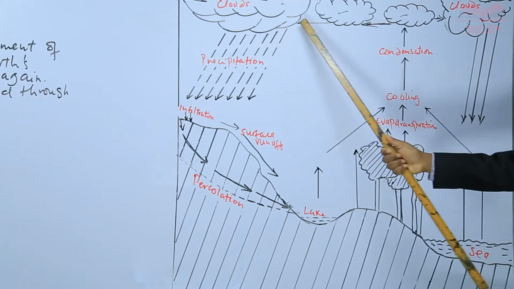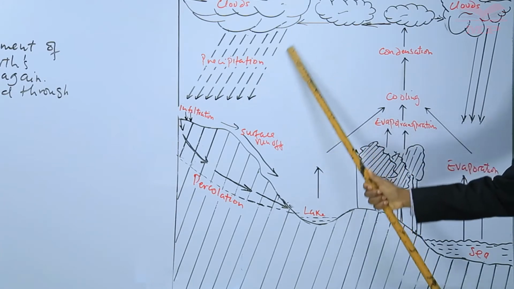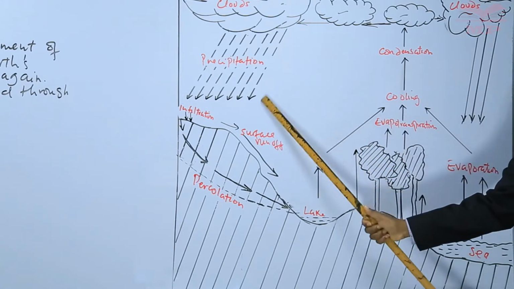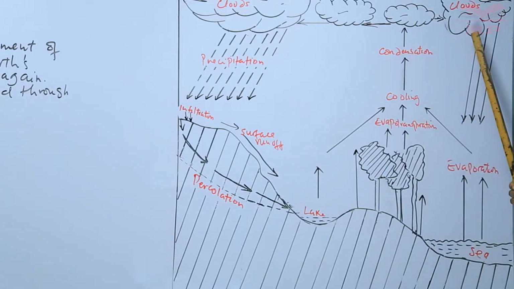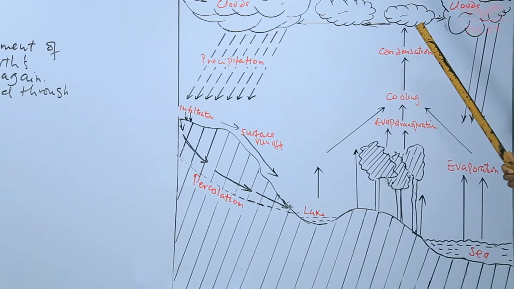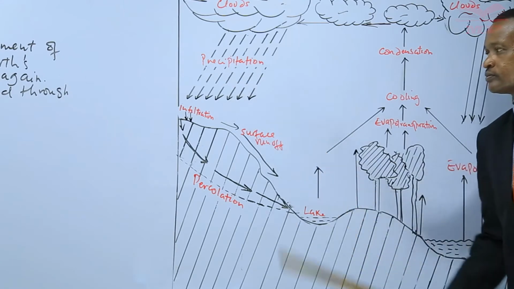See, these arrows show water that is falling back to the ground in form of snow, in form of rain, in form of hail. This rain is falling, learners. The process takes water back to the ground in form of hail, rain, and snow.